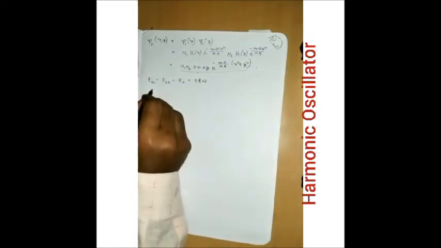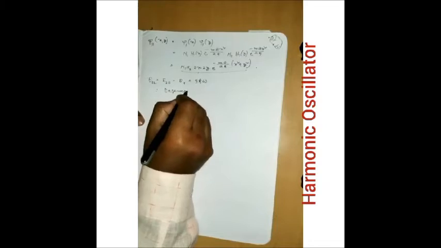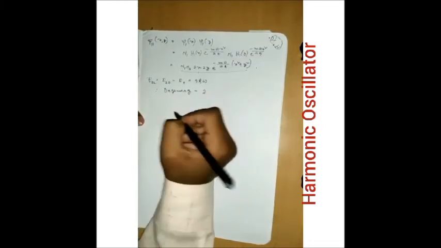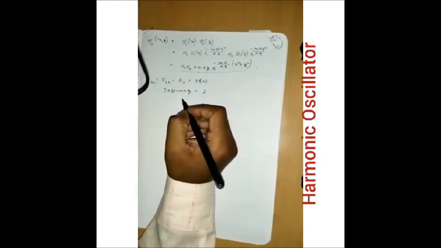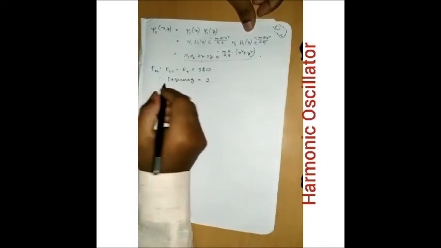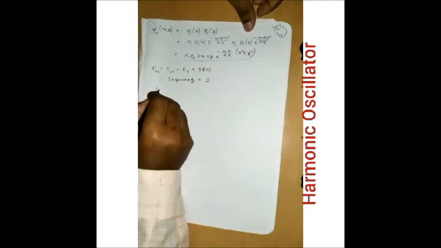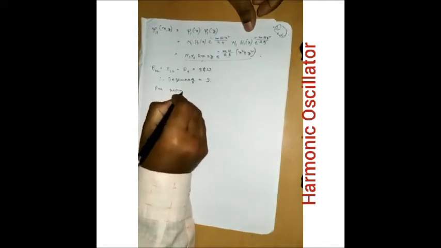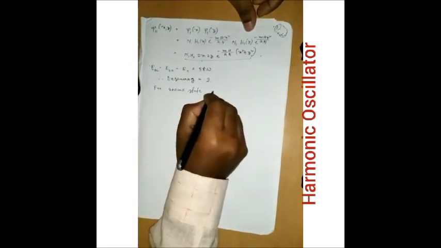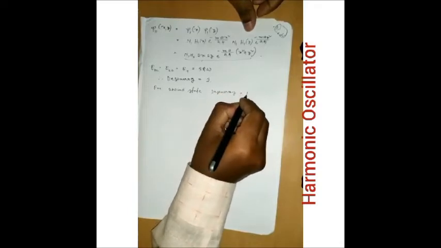So therefore the degeneracy is equal to what? 3 here. Clear? Now if I just summarize it, for the ground state, degeneracy we are getting 1.